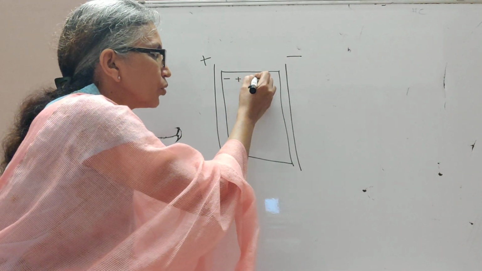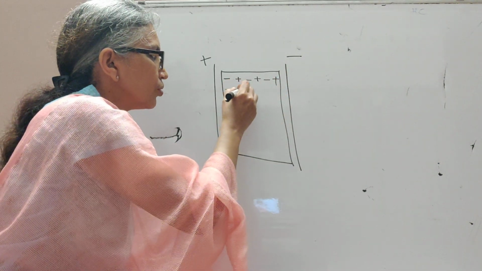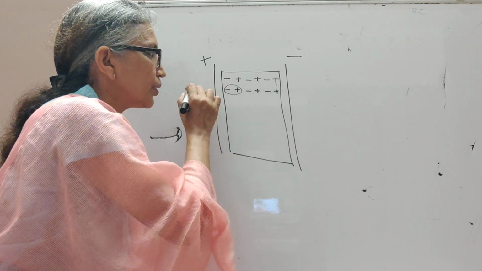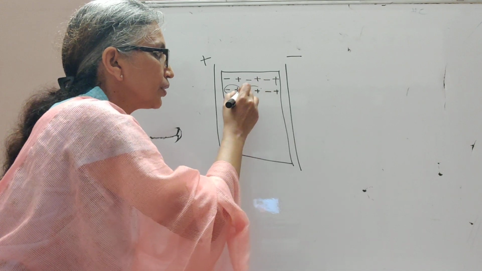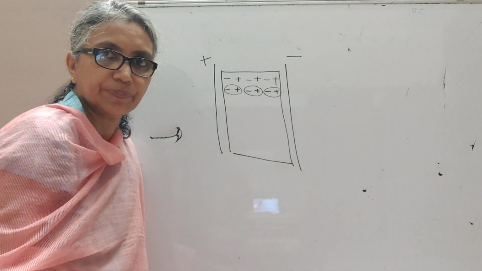The next molecule also will align in that manner like this. So now all molecules are going to align with their negative charges towards the positive plate and their positive charges towards the negative plate. These are each molecules that I've marked. Like that you have lots of molecules here.